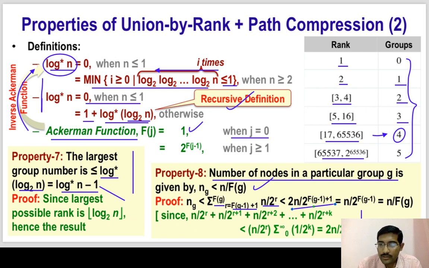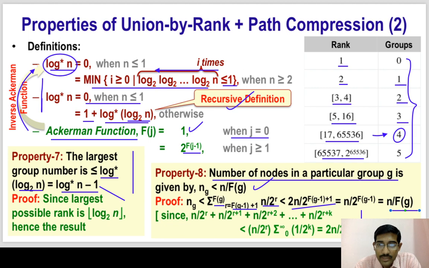If we cancel out the 2, this is n by 2 to the power Fg minus 1, and 2 to the power Fg minus 1, as per the Ackermann function, is Fg. So we have proven that the number of nodes in a particular group is bounded by n by Fg.